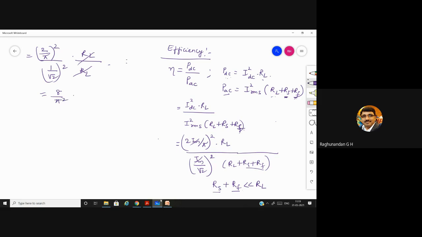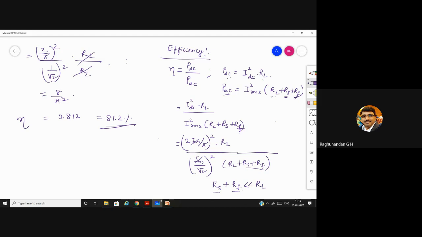When you simplify this, you will get around 0.812, which is equal to 81.2%. So this is the rectifier efficiency of the full wave rectifier with center tap. So 81.2% is the efficiency obtained in the center tap full wave rectifier.